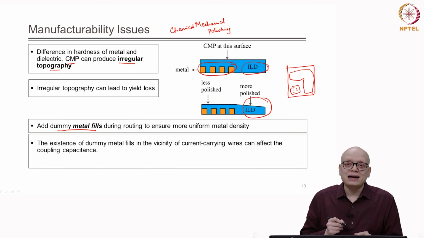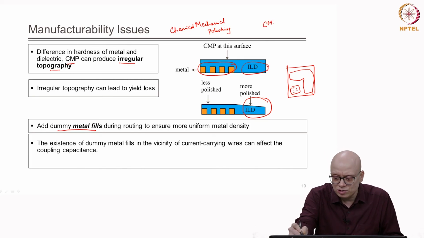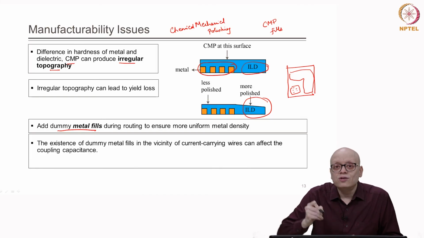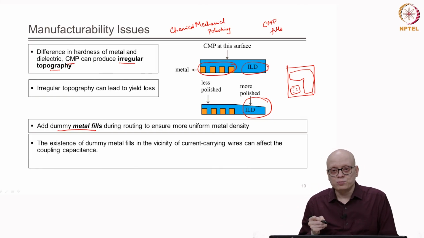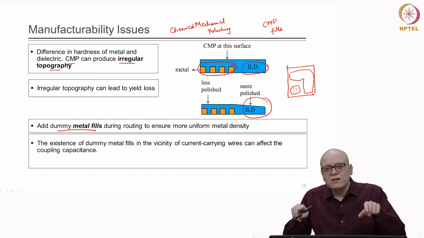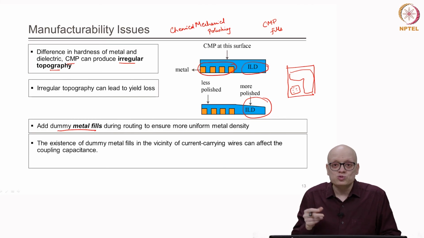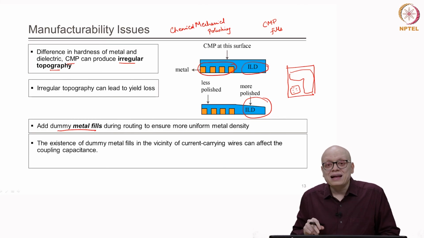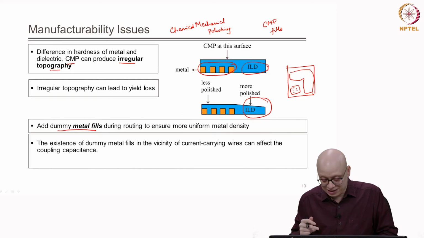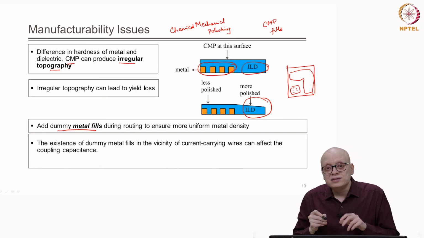These dummy metal fills are also known as CMP fills, because they are targeted at solving the problem related to CMP. So, whenever we have done CMP fills in our design, we should again extract the capacitances, especially the mutual capacitances, and also carry out timing analysis again, to ensure that after dummy metal fill insertion our timing is still closed.